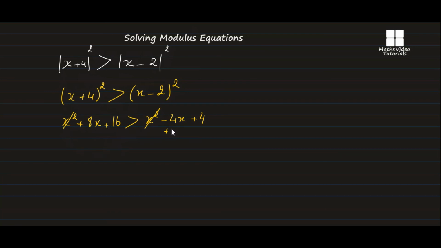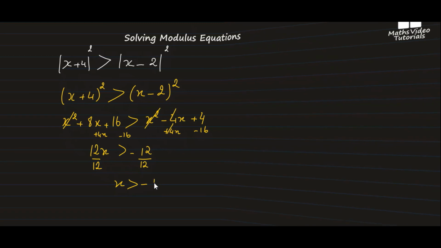We can add 4x to both sides to cancel it from this side, so we get 12x, and then we take away the 16. That will give us greater than negative 12. So we divide by 12, and we get the answer x is greater than negative 1.